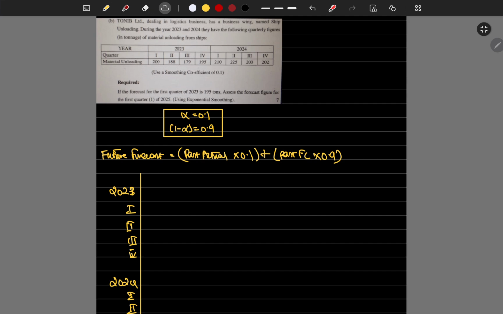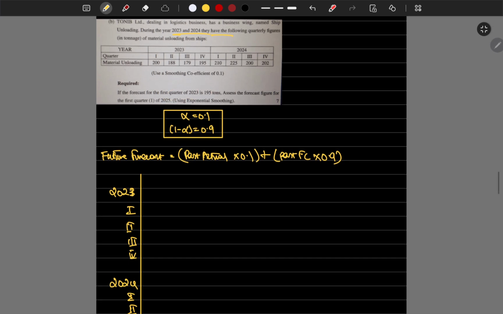They have given in the question that they have a logistics business, doing shipment unloading. So they have data for 23-24, and they have given a coefficient 0.1, and they also gave the past material unloading information, which is the past actuals, and then they have given the forecast for the 2023 quarter, which is 195.